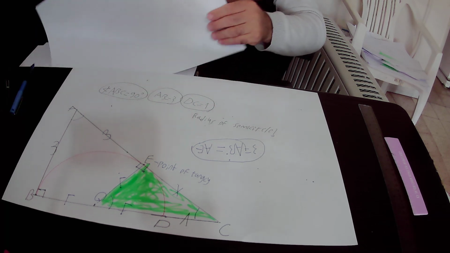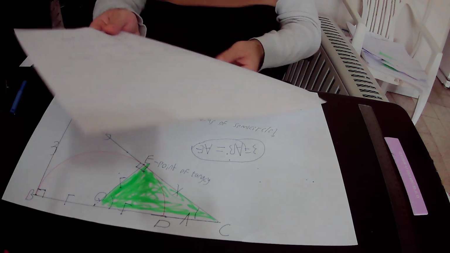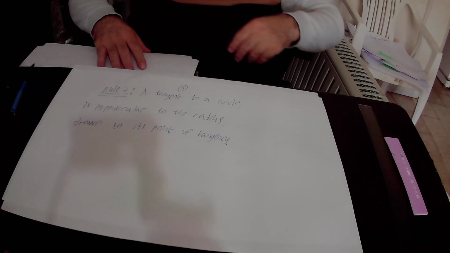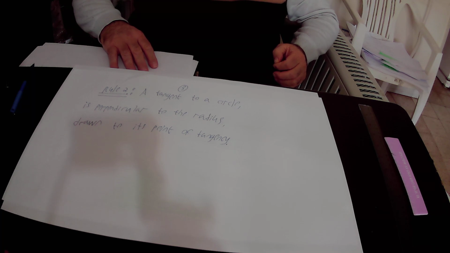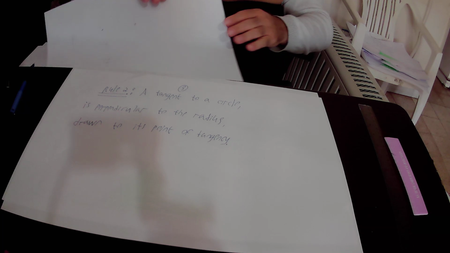Then I presented to you also rule number 2. According to rule number 2, a tangent to a circle is perpendicular to the radius drawn to its point of tangency. What is the meaning of rule number 2?